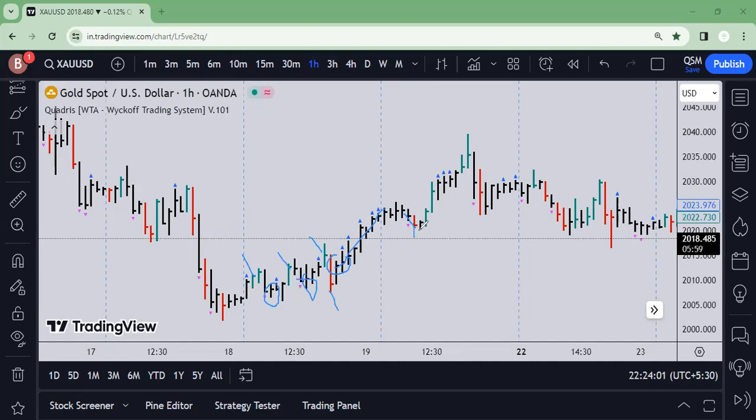This one was a selling bar. Again, we went upwards. So this selling was absorbed at this particular bar, and this was a bar where I would have initiated a buy position, depending upon my trade setups. So this helps you a lot in detecting the direction of the market.